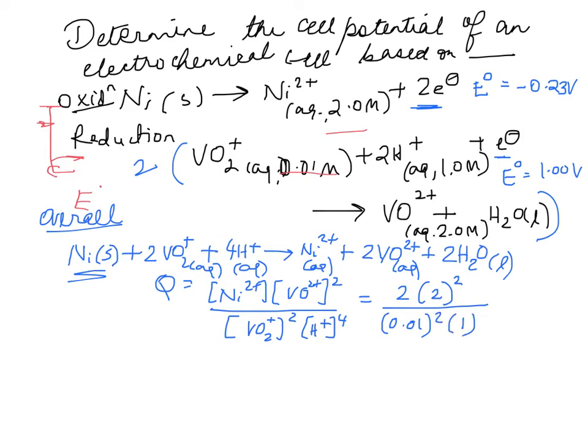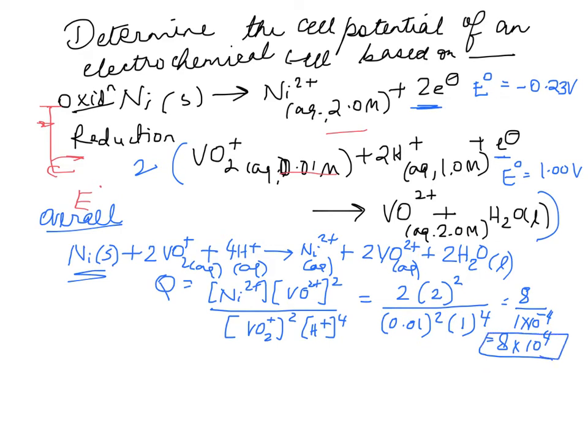And acid is at a concentration of 1 raised to the power of 4. So you have something that looks like 8 divided by 1 times 10 to the negative 4, or you could say it is 8 times 10 to the 4th is the value of Q.